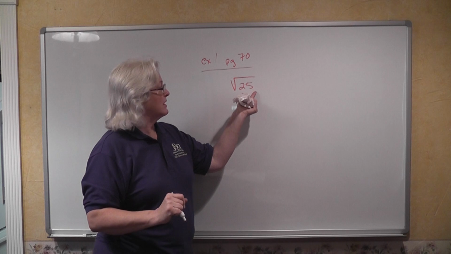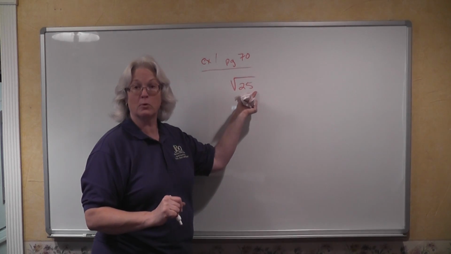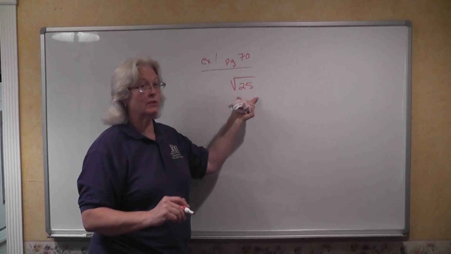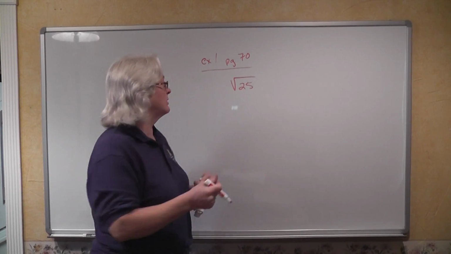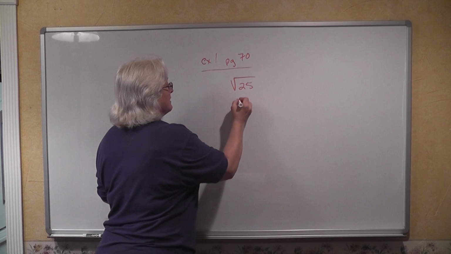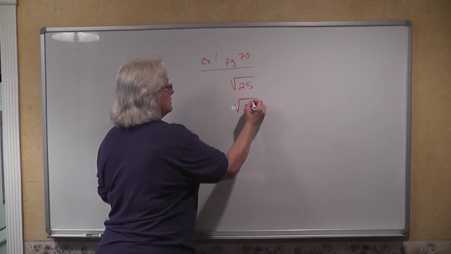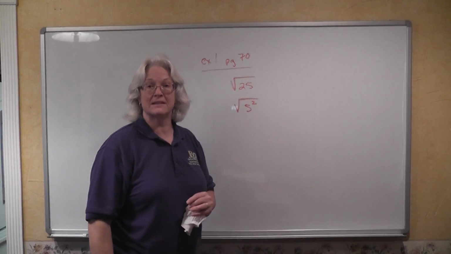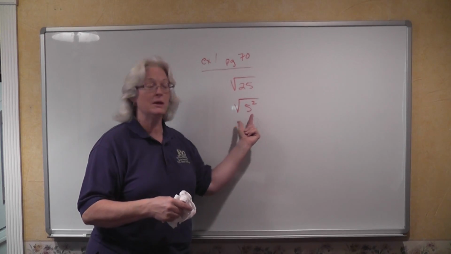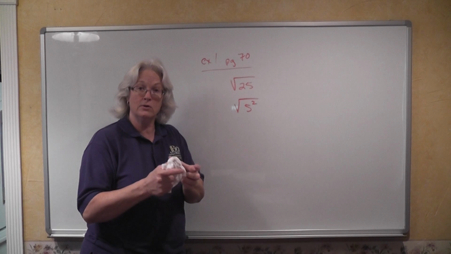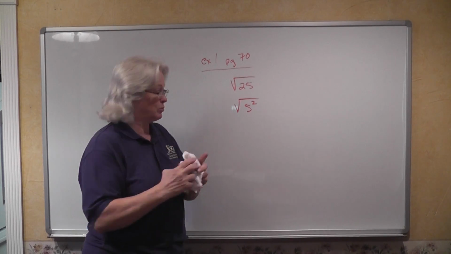And how can you express 25 if you were to prime factor that? I don't know of any other way to come up with a product of 25 than to say 1 times 25 or 5 times 5, which is the same as saying 5 squared, isn't it? Because this expression here means that we are going to use that 5 as a factor twice.